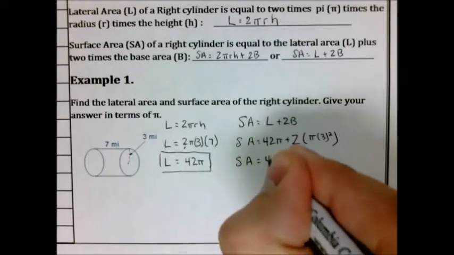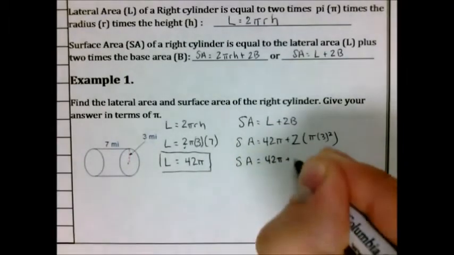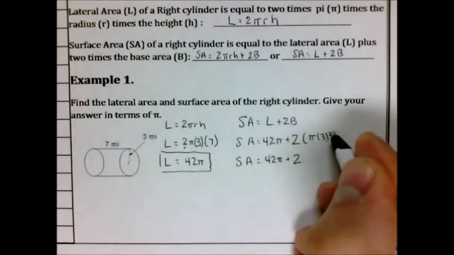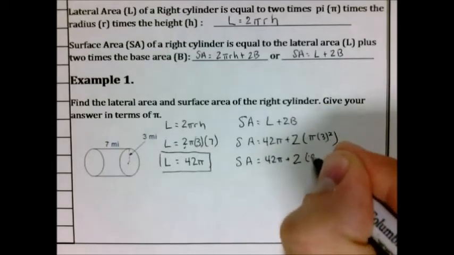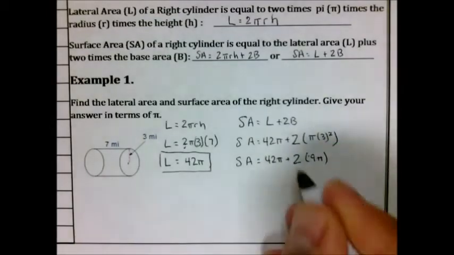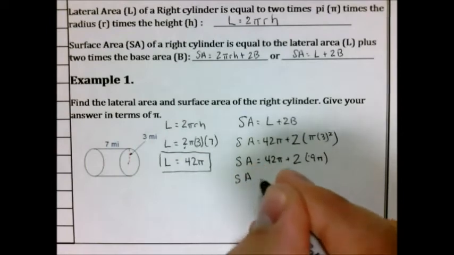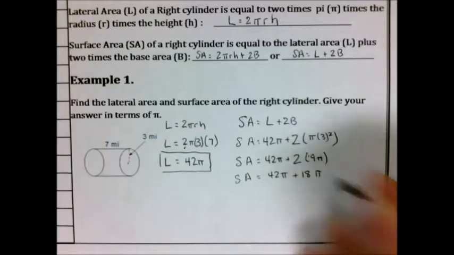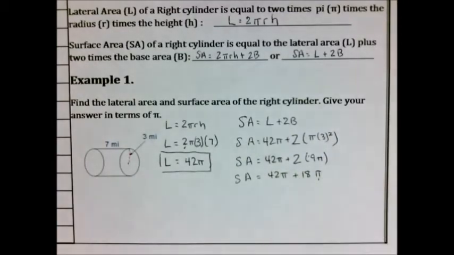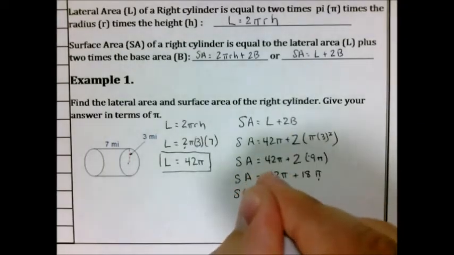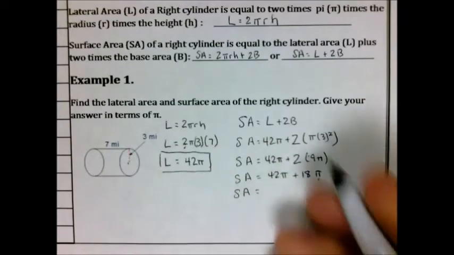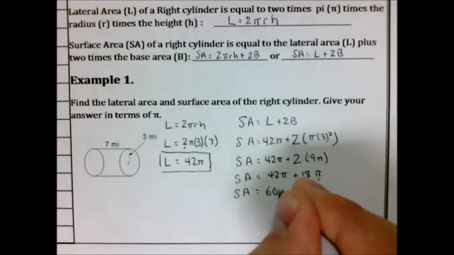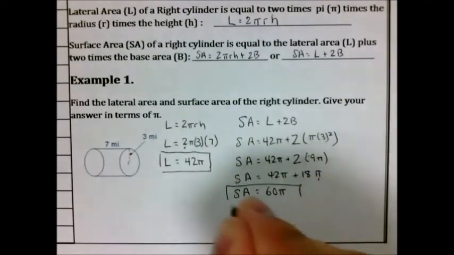We get 42 pi plus 2 times 3 squared, which is 9, so it's going to be times 9 pi. 2 times 9 is 18, and so we're left with 42 pi plus 18 pi. And then because these are like terms, they go with the same variable, pi, we can combine those: 42 plus 18 is 60 pi. Okay, and that is our final answer.